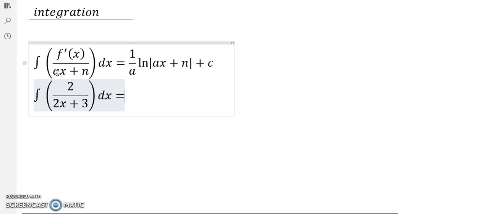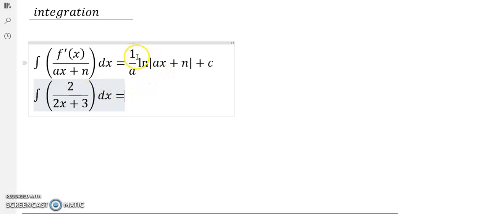So here we have a as the coefficient of x. Okay, let's check this one. Here on the denominator we got 2x, meaning that the value of a is 2 and the derivative of this one will just give us 2.